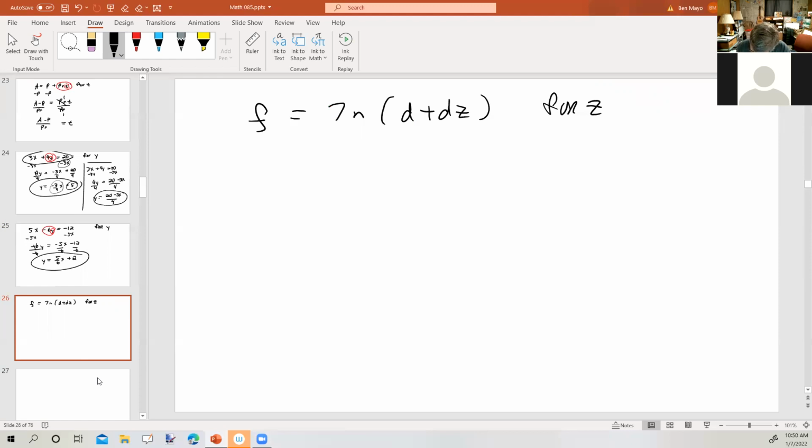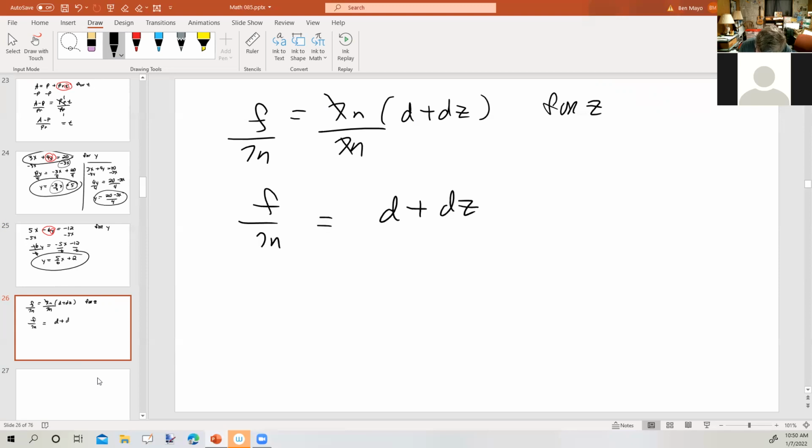So I'm going to start off by dividing both sides by 7n. By doing that, I get that. Okay. Then let's go back here. This is the variable and this is the variable term, right? So now to continue to isolate the variable term, I would subtract d from both sides.